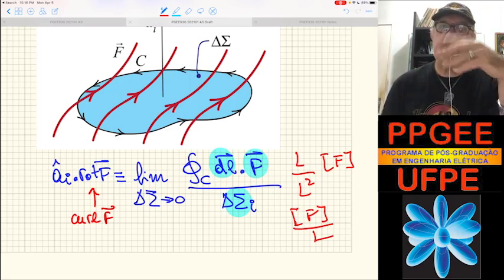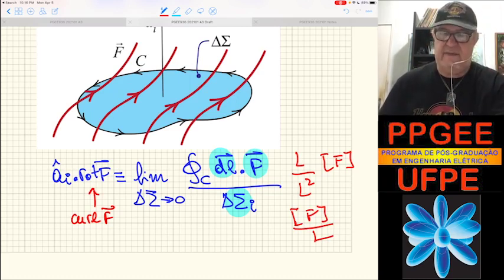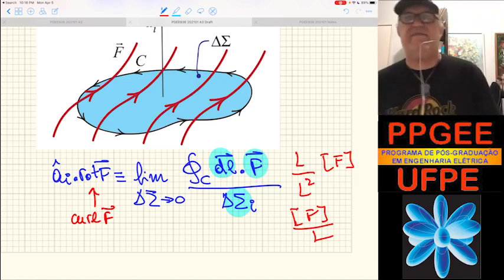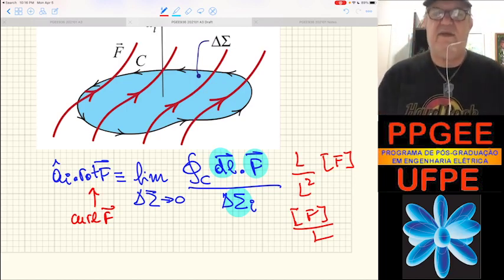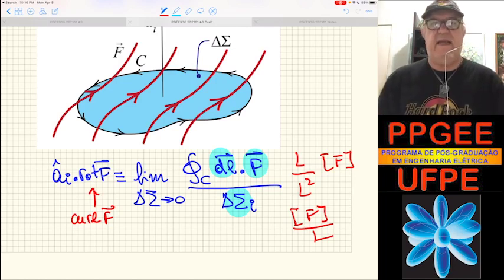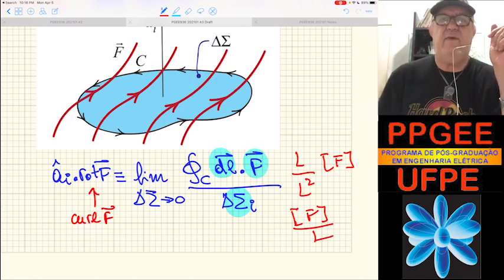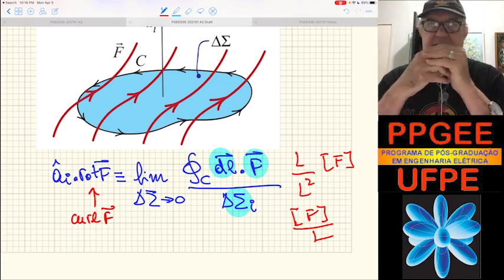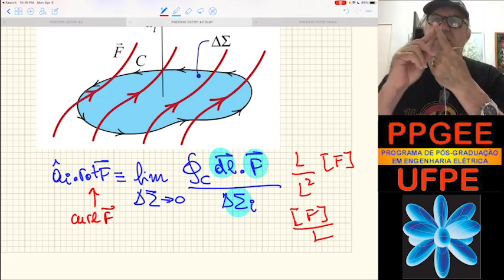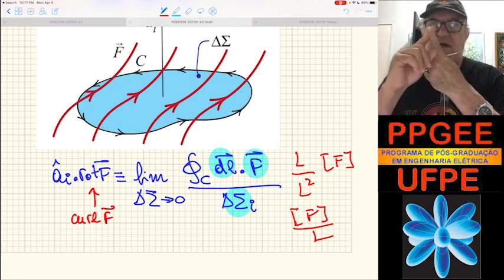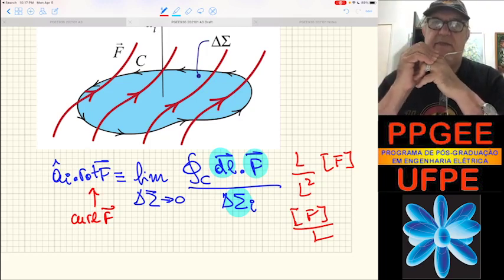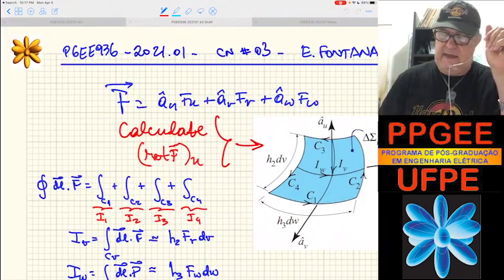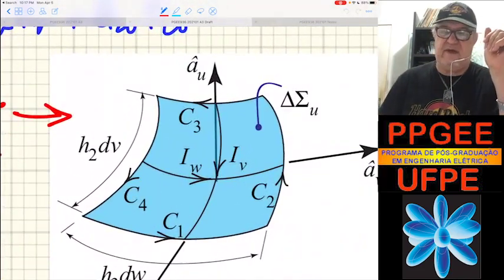So it's a kind of spatial derivative again, right? We're going to have some combination of derivatives of the components of the field. We are going to use the same procedure. We are going to use a curvilinear system. We are going to calculate only one component of the curl. Then we are going to make cyclic permutations. Okay, let's go, for instance, calculate the U component of the curl.